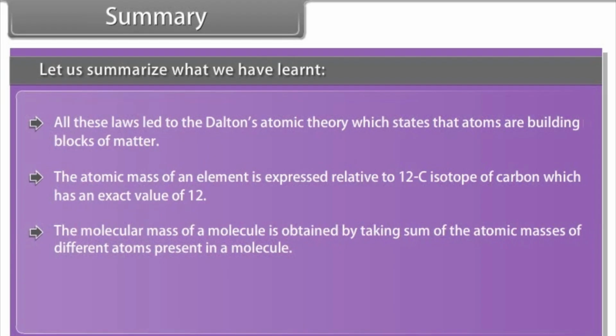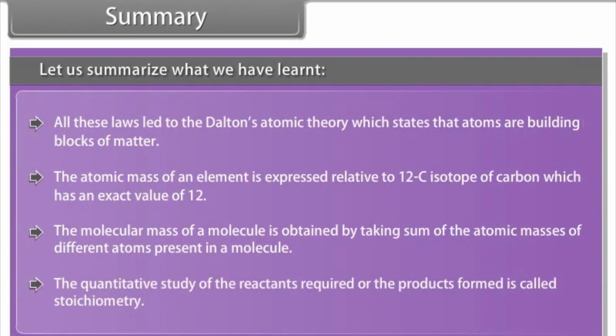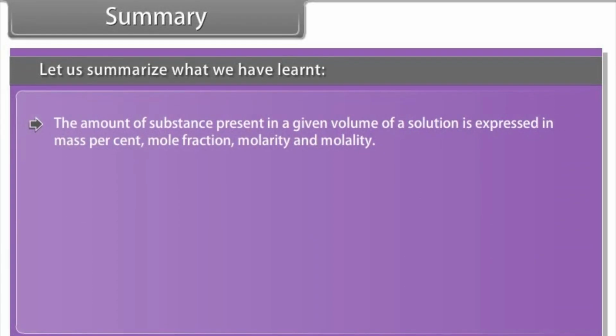The molecular mass of a molecule is obtained by taking sum of the atomic masses of different atoms present in a molecule. The quantitative study of the reactants required or the products formed is called stoichiometry. The amount of substance present in a given volume of a solution is expressed in mass percent, mole fraction, molarity and molality.